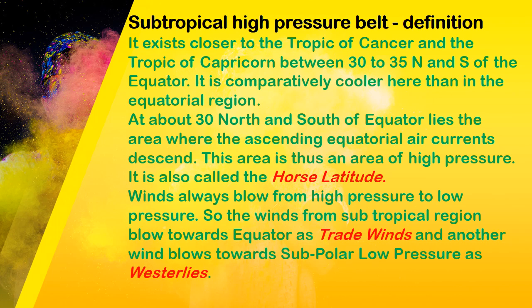The interesting fact is that the air which rises in the equatorial area gets piled up and settles down at these 30 to 35 degrees north or south. So there is piling of air, and a high pressure belt is formed.